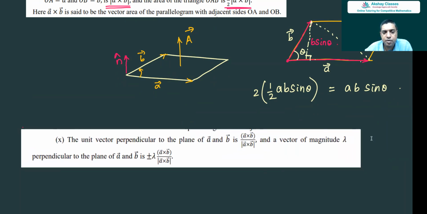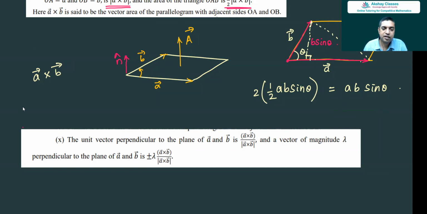A unit vector perpendicular to the plane of A bar and B bar is A cross B by modulus of A cross B. A vector which is perpendicular to A as well as B means it is perpendicular to the plane containing A bar and B bar.